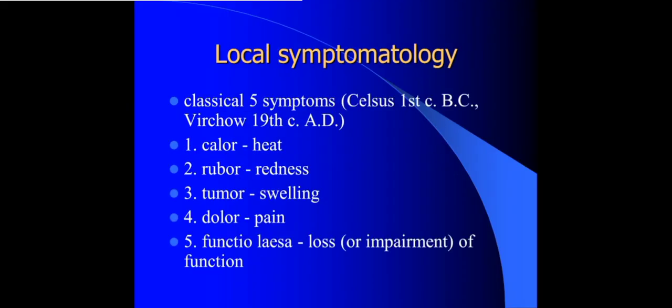Clear? Next is local symptomatology. What are the symptoms of local inflammation or acute inflammation? There are classically 5 symptoms when inflammation occurs in our body. First, heat, that is scientifically calor.